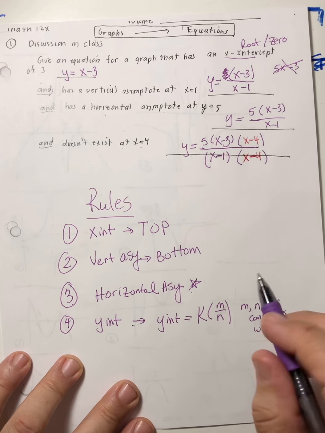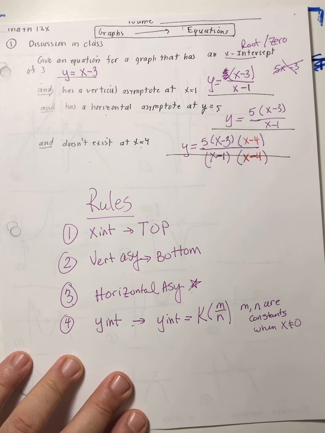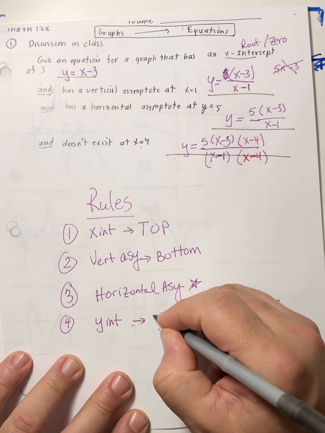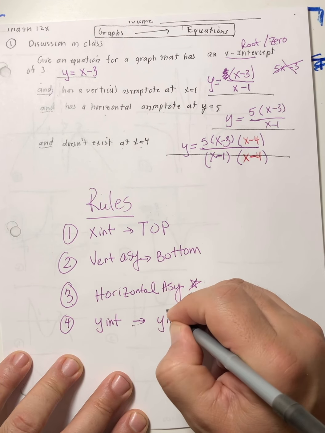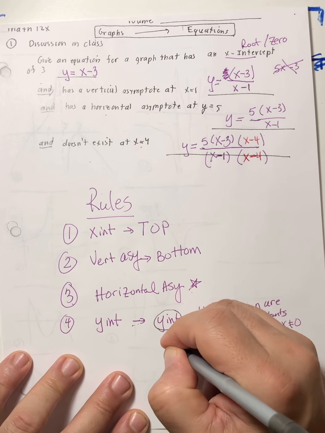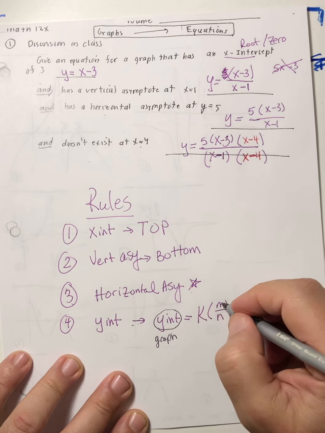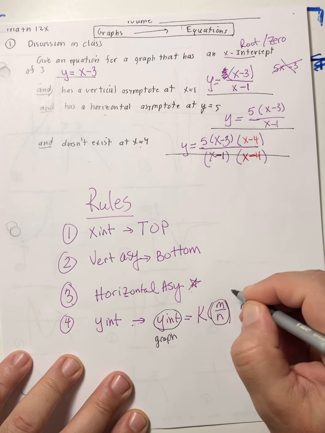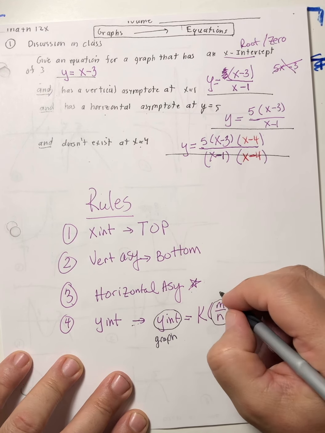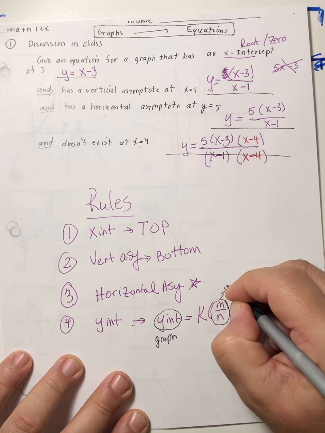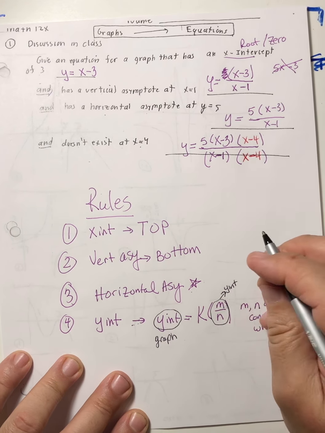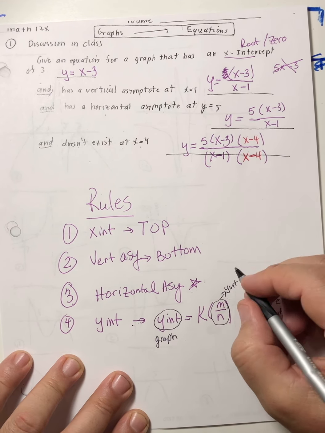First of all, let's talk about this. This y-intercept right here is the y-intercept that's on the graph. This m and n is the y-intercept from the equation.